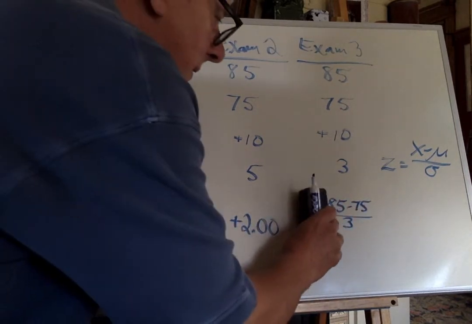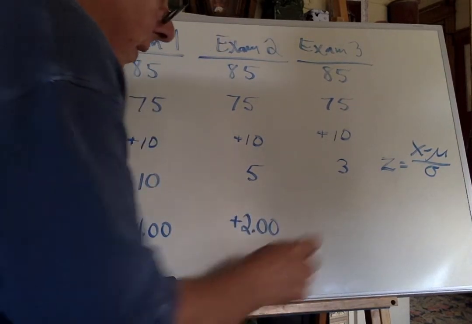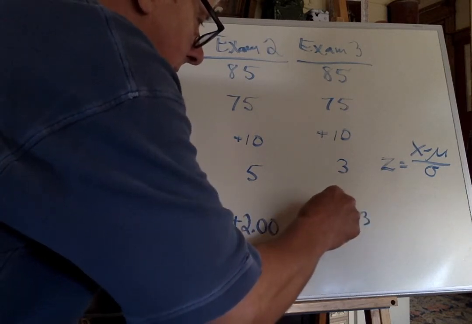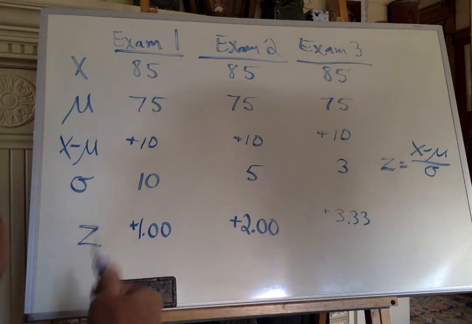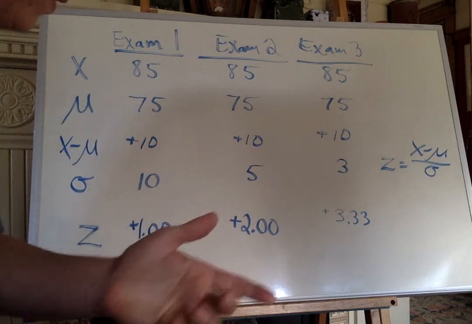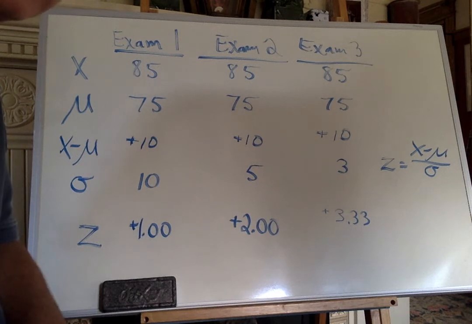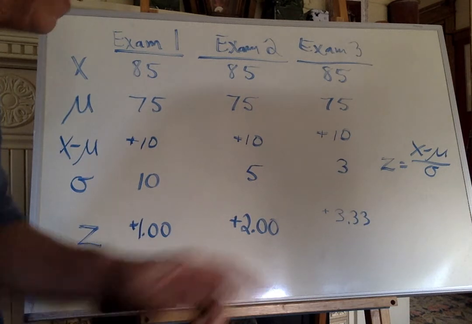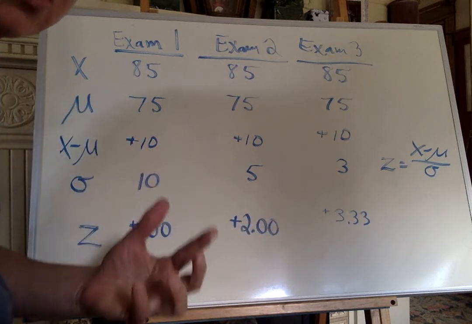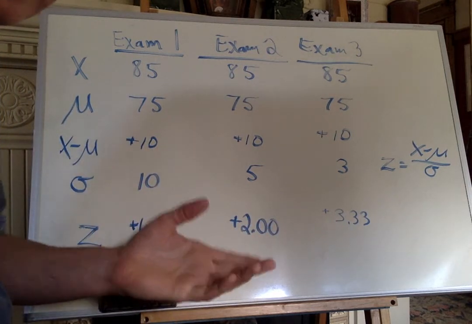And so in this case, we have a z-score of 3.33. And I'm going to put the plus sign there to indicate to the reader that we're 3.33 standard deviations above the mean, because we could certainly be 3.33 standard deviations below.